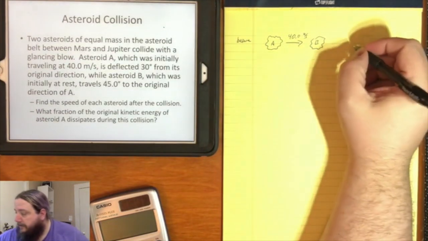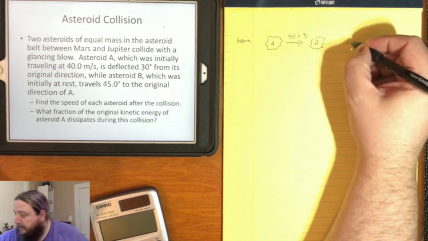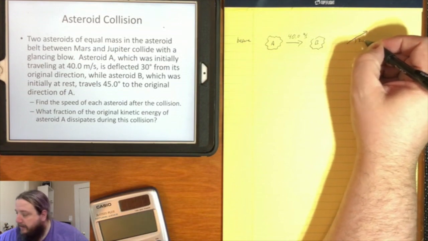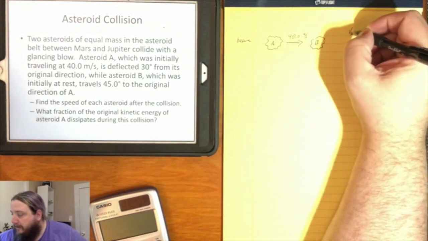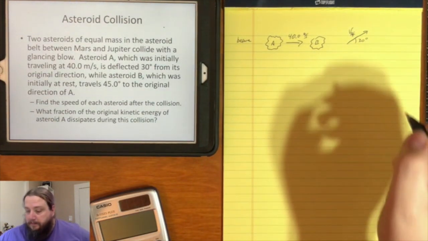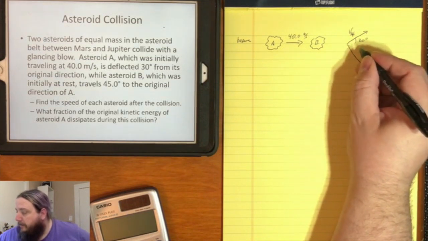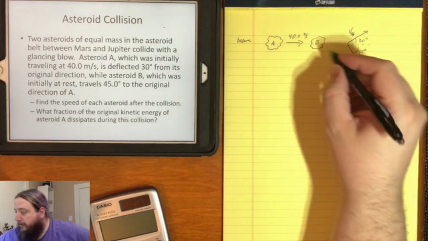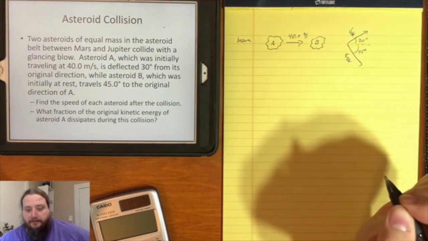And our after picture is that from the point of collision, now our asteroid A is moving at a 30-degree angle to its original direction, and at a speed, whatever the final speed of A is, and that asteroid B is moving at a 45-degree angle relative to the original direction of asteroid A, and then this would be VB after.